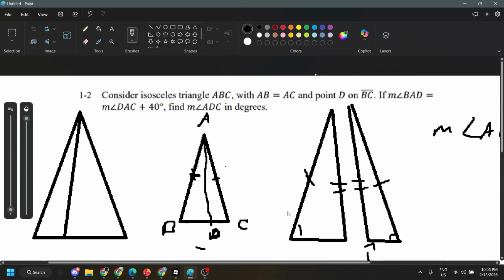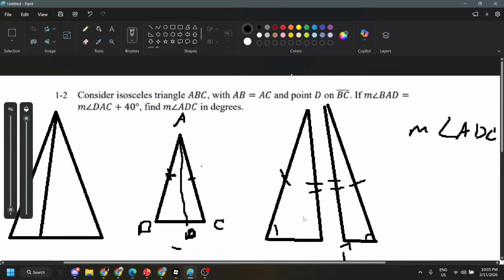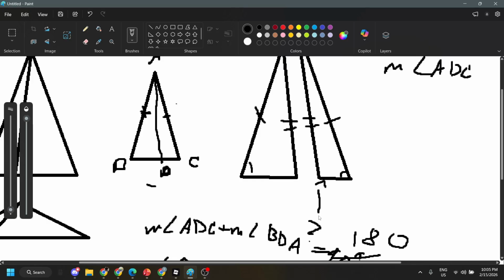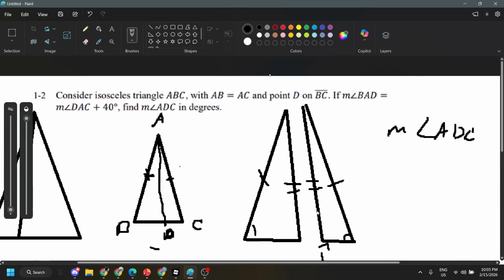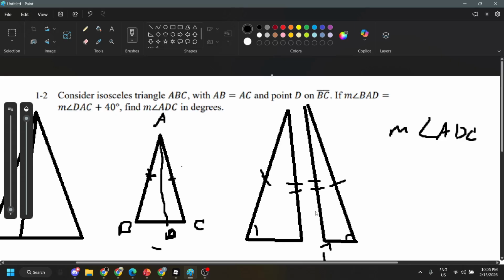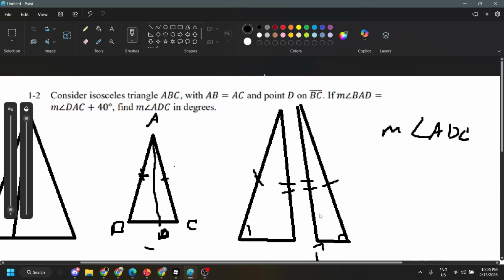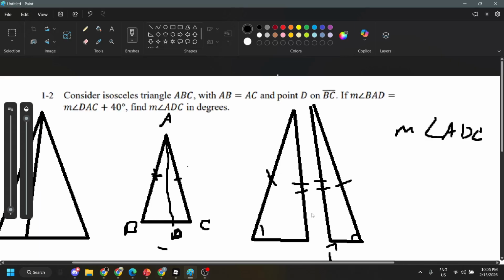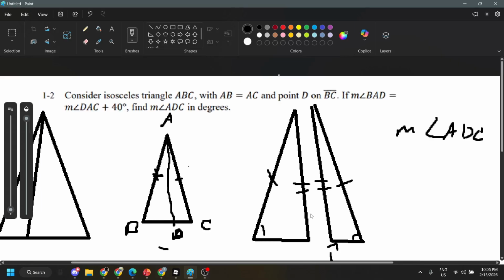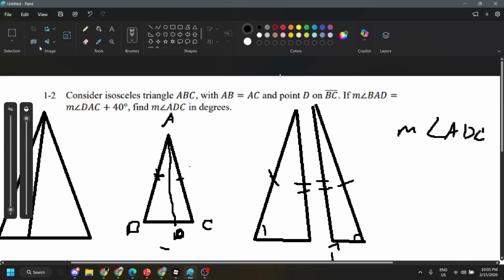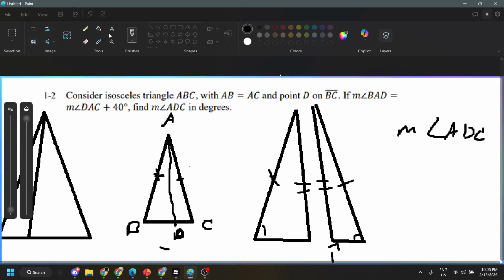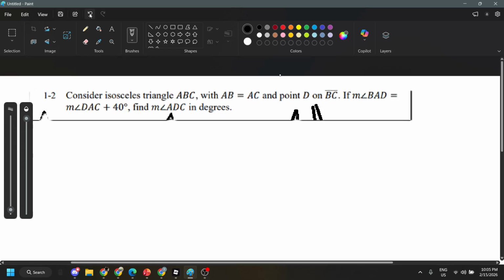Find the measure of ADC. Oh shoot, what did I just do?